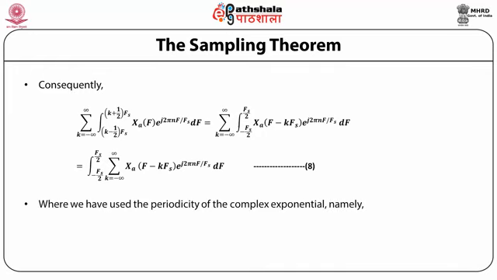Here we have used the periodicity of the complex exponential, namely exponential j2 pi n (F plus kfs) by fs equals exponential j2 pi nF by fs.